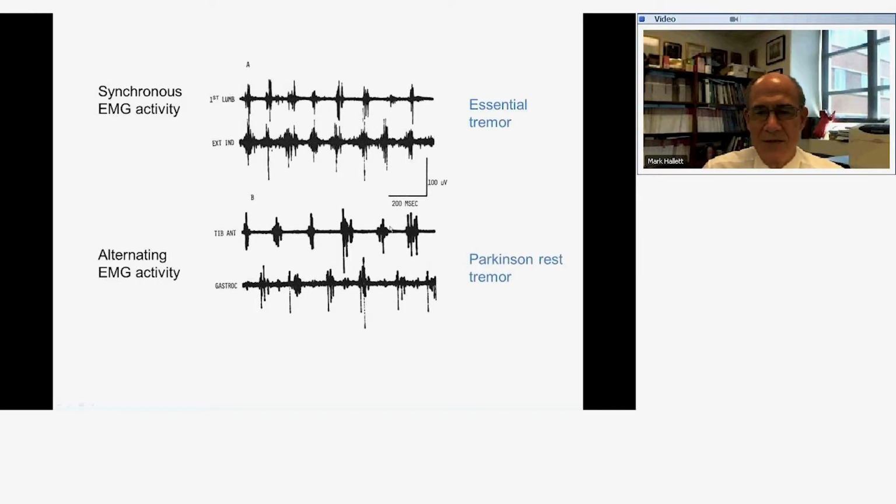This is a case of Parkinson rest tremor, which is always alternating in nature. In general, almost anything can be alternating, so the EMG pattern is not that helpful unless you see synchronous activity, in which case it would direct you to the area of essential tremor.